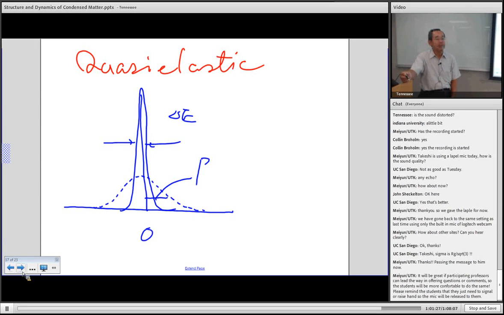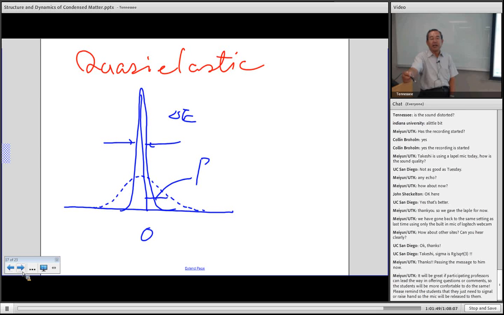Spin echo provides you the resolution of a microvolt or even better. Usually we're talking about millivolt, right? Milli electron volt. But new techniques give you the resolution of microvolt and getting better.